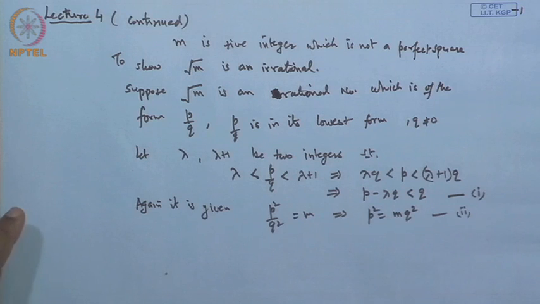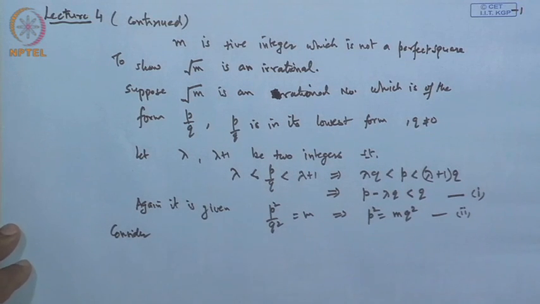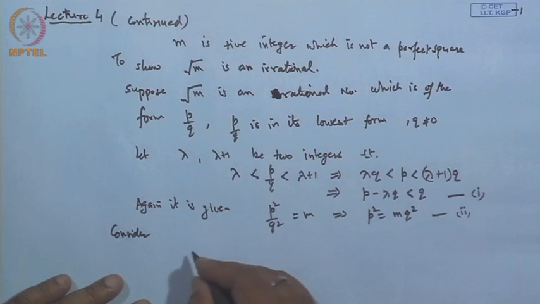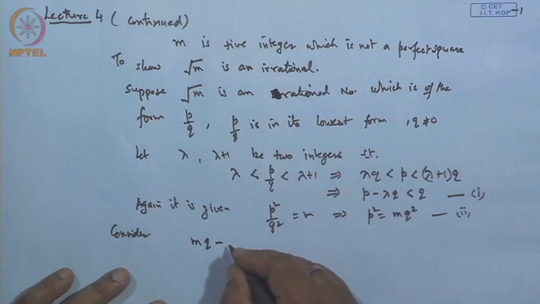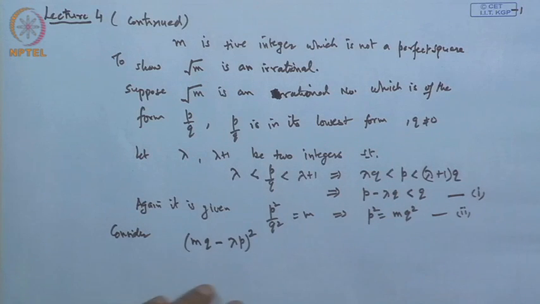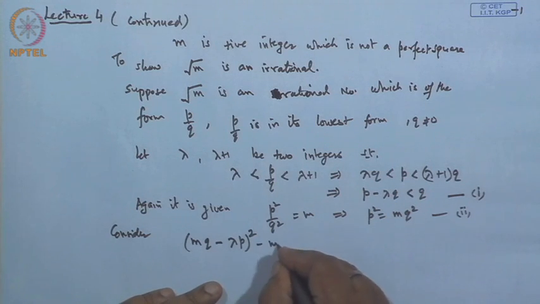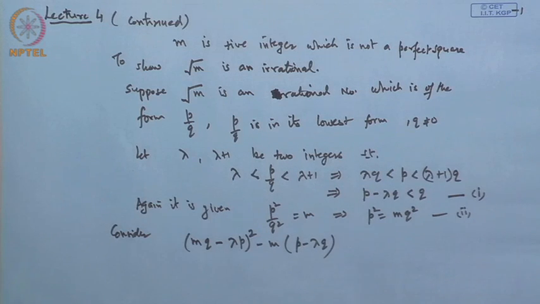Now, let us consider the expression (m q minus lambda p) whole square minus m times (p minus lambda q) whole square.